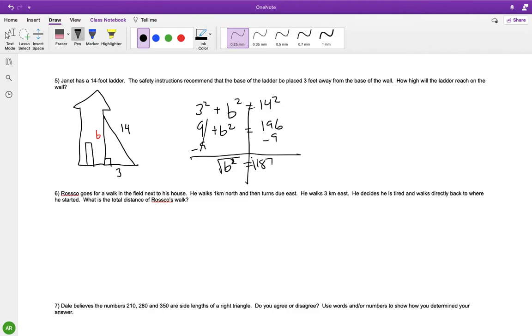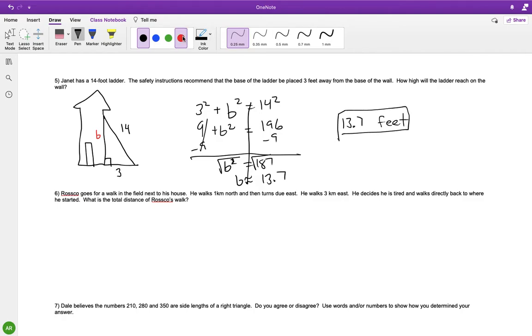Square root of 187 is going to be a little bit less than 14. My bad. B is approximately 13 and 7 tenths feet. Since there's a unit in there, make sure you include it.